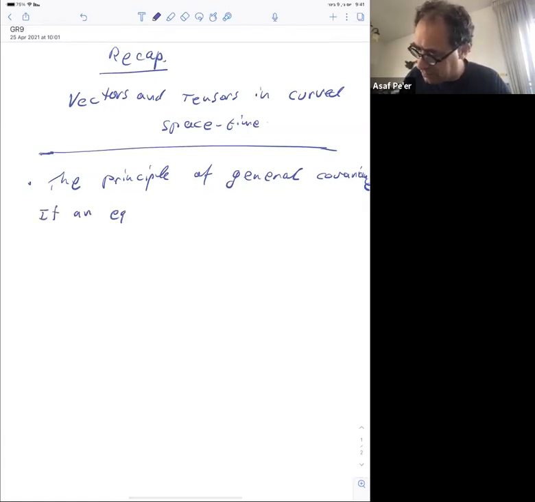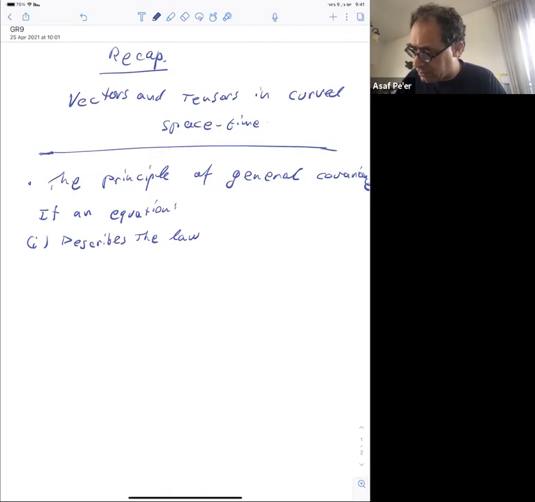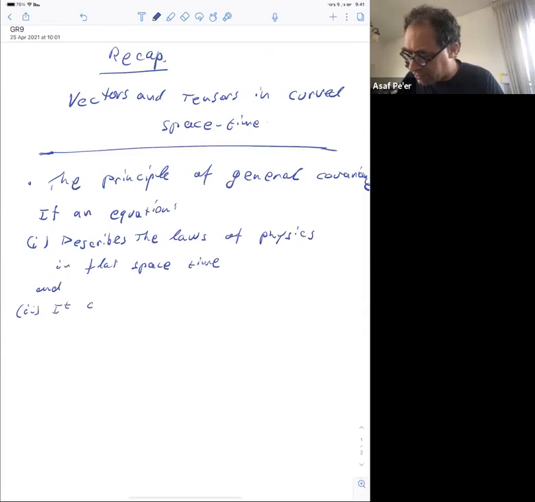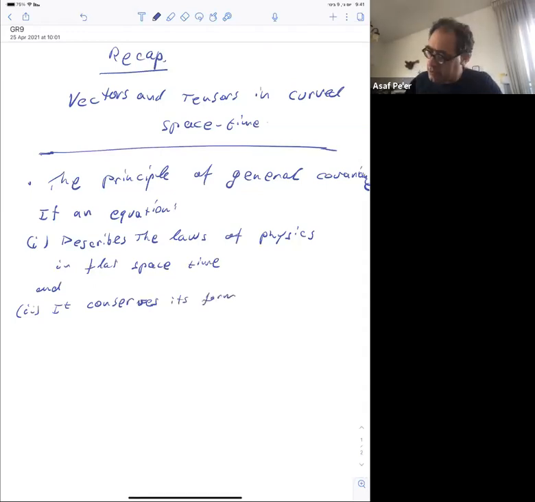So let's say, if an equation describes the law of physics, or a law of physics, in flat space-time, and it conserves its form in the presence of gravity, it should say it preserves its form under general coordinate transformation.